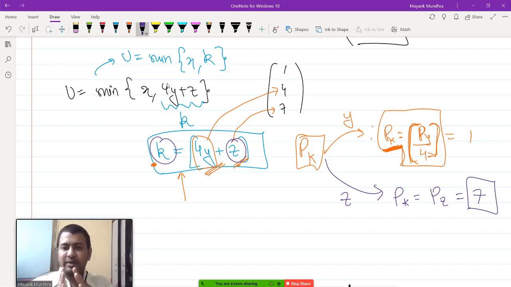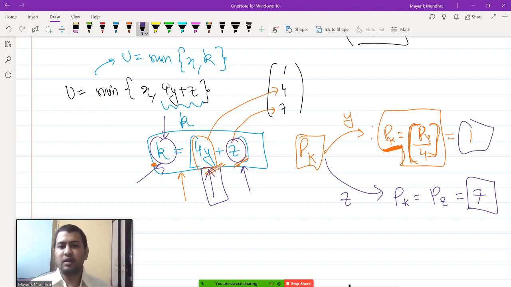So bottom line is, there is some composite commodity K which can be produced either using Y or Z. If I use Y, the price of K turns out to be 1. If I use Z, the price of K turns out to be 7. So obviously the cheaper way to produce K is using Y. So I'll just say that I'm going to use good Y to produce good K, and the price of good K becomes equal to 1.